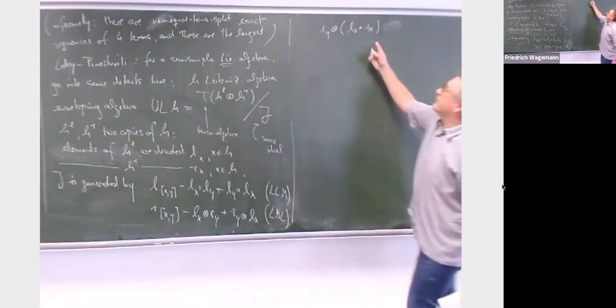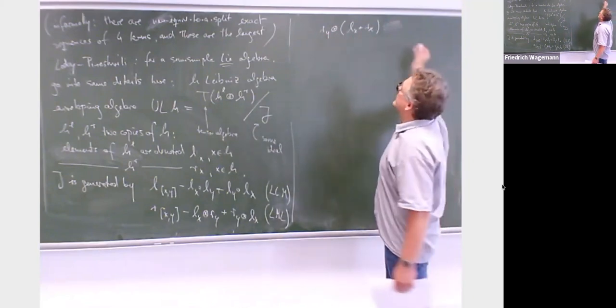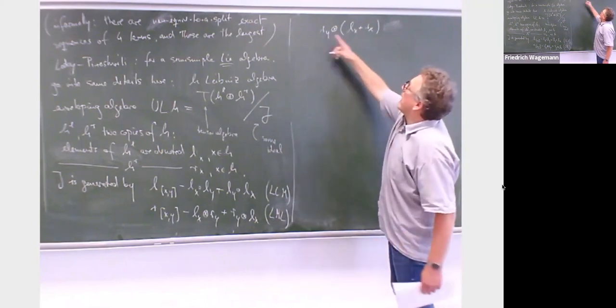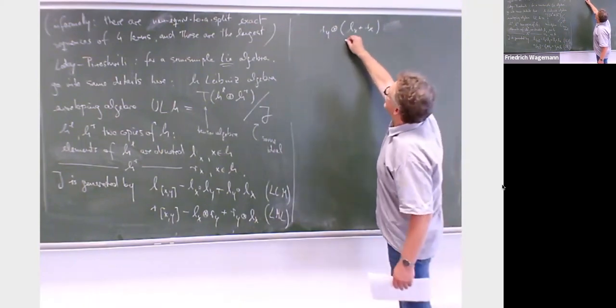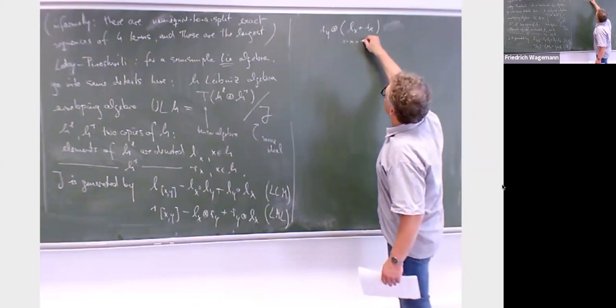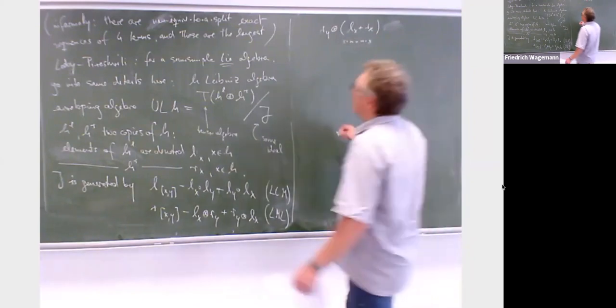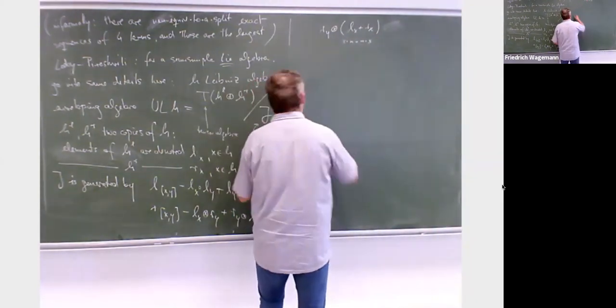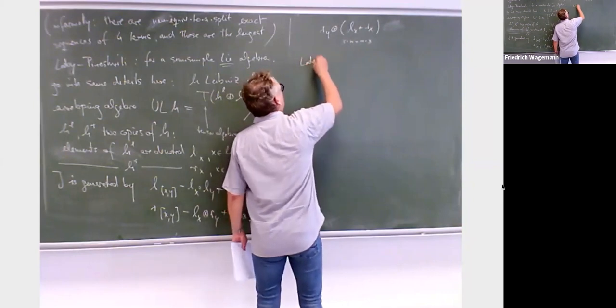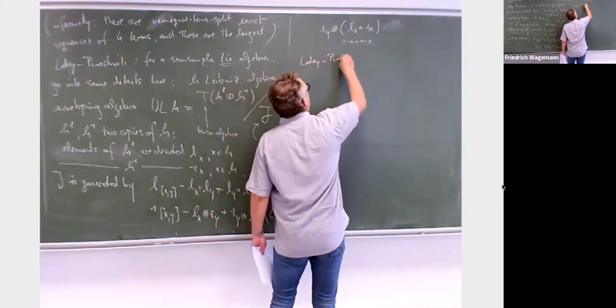This is the fact that right multiplication by an element y on something which is x dot m plus m dot x is 0. And so Loday and Pirashvili.